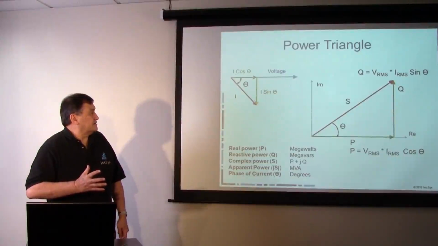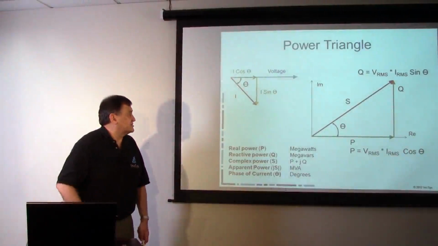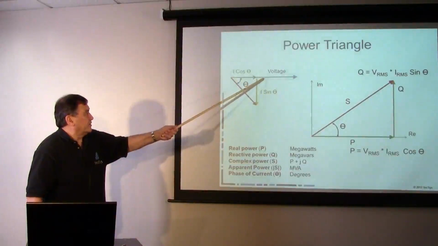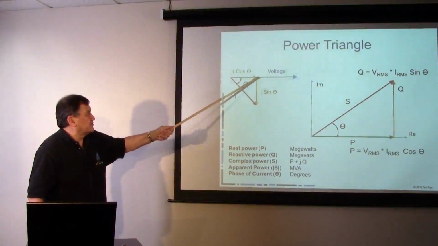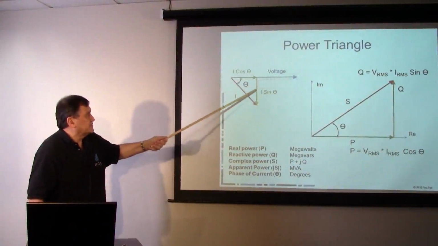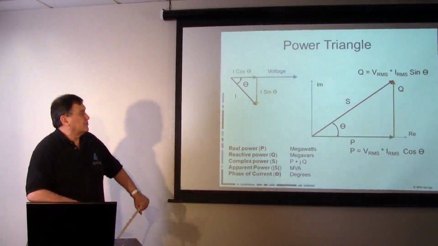There is a slight transformation. We talked about how when we have an inductive circuit and a resistor, the current is lagging the voltage. But then we use the convention that a lagging situation gives us positive power.